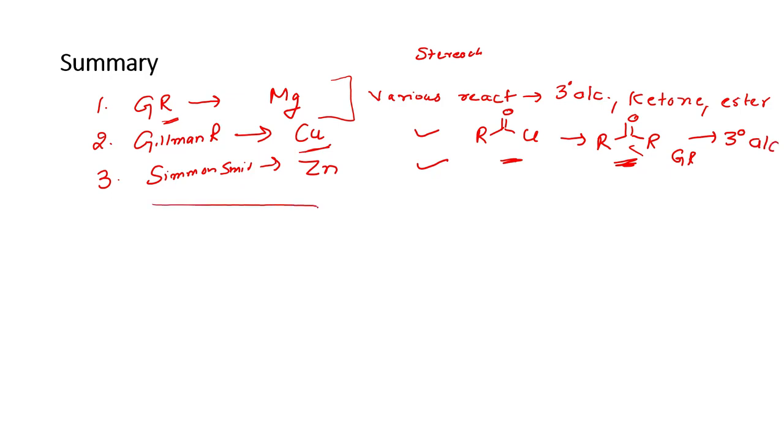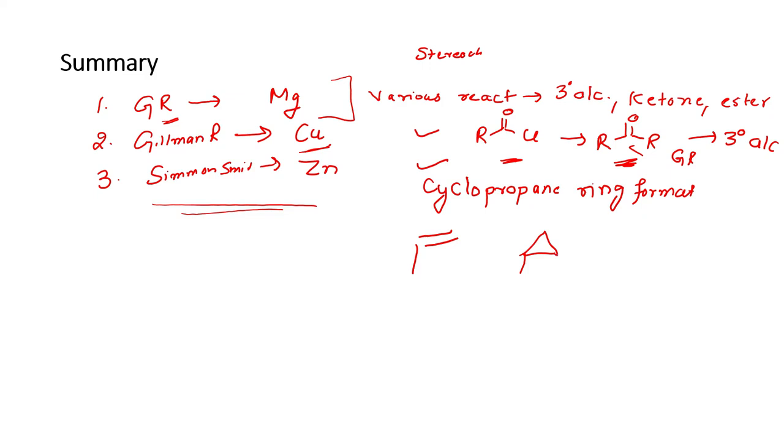And Simmons-Smith reagent gives cyclopropane ring formation. Wherever it sees a double bond, it will give you a cyclopropyl product there.